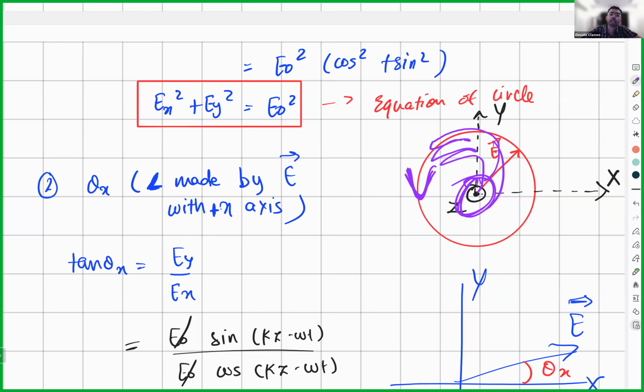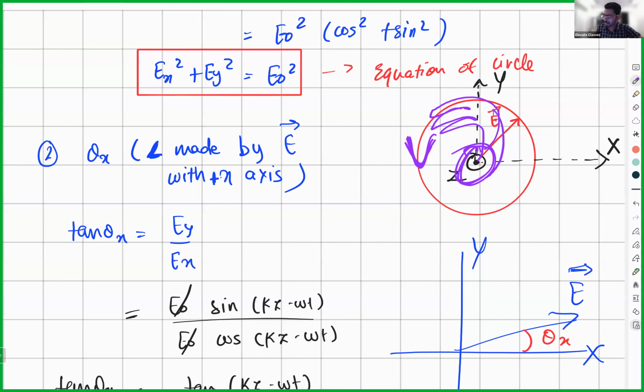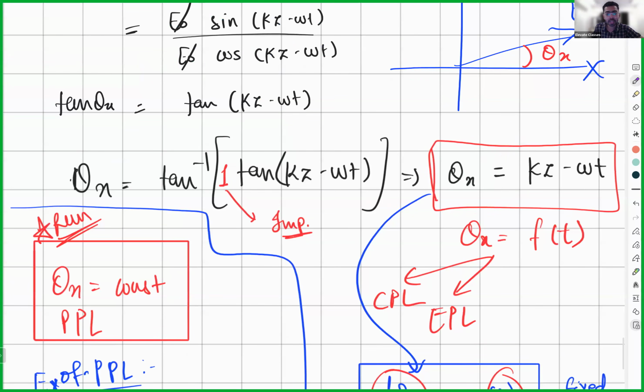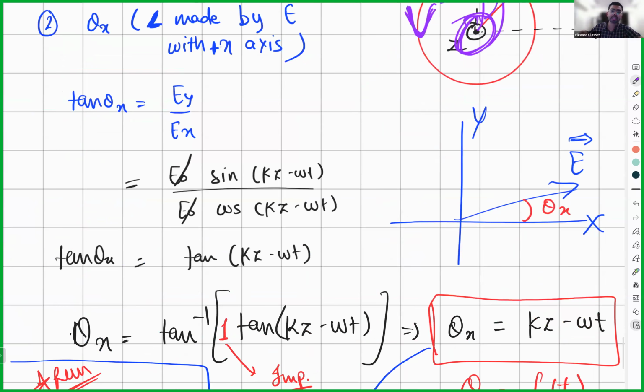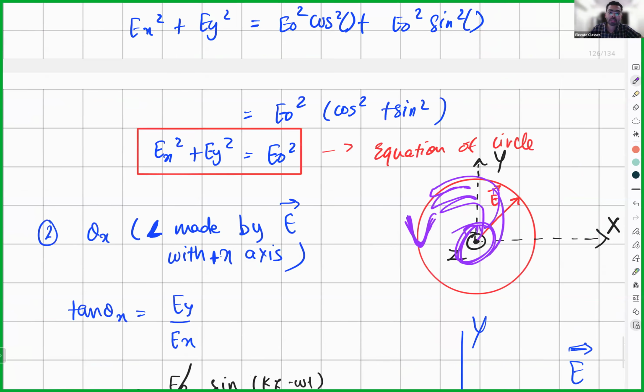But what is my d theta by dt? It is minus omega, right? Over here it is minus omega. So I interchange the convention. Due to that minus omega, I have to interchange this particular convention of curling fingers, so my rotation will actually be clockwise.